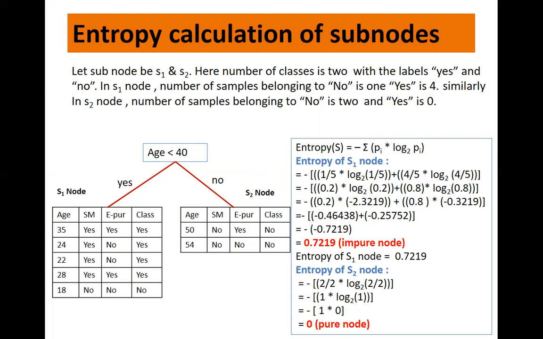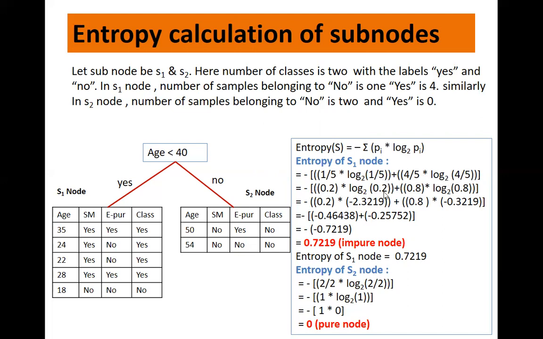So this is Pi and this is Qi. For node 1, Pi is 4 by 5 and Qi is 1 by 5. So write 1 by 5 into log of 1 by 5 to the base 2 plus 4 by 5, that is yes, multiplied by log of 4 by 5.